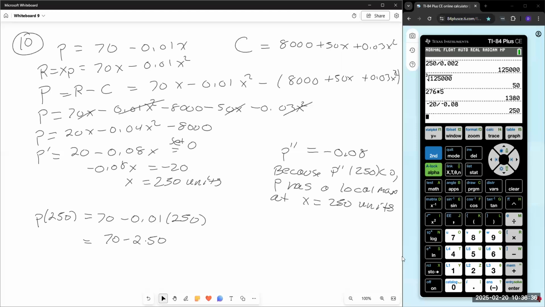Let's just type this in the way that it was given. 70 minus 0.01 times 250 is going to be equal to $67.50 for my price point. Go ahead and look at number 11.